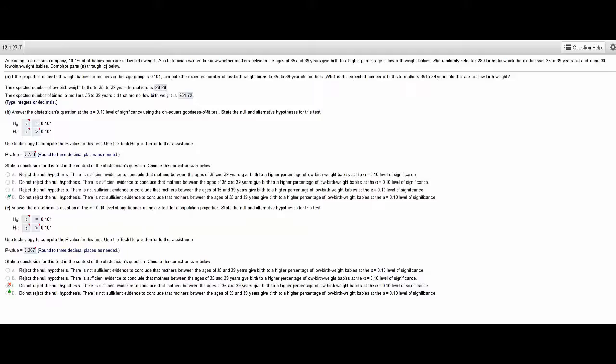Is 30 going to be enough that we start freaking out? Or, if I expect 28 and I have 30, is it no big deal? That's what this p-value is going to tell us: whether it's a big deal or not. I don't know why I'm doing that strange accent. So that's where they're getting the greater than piece, because of the 30 compared to the 28.